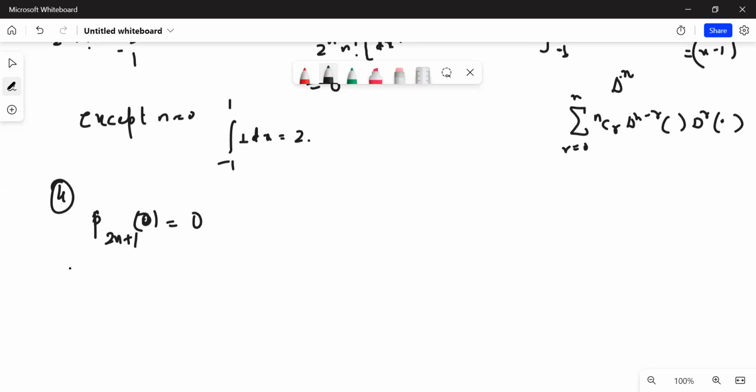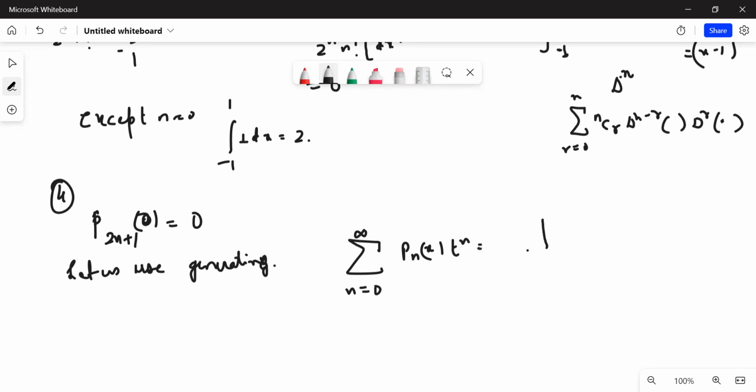What should I use? दो चीजें हमेशा याद रखो, या तो आप रोड्रिक्स फॉर्मूला यूज कर लो या जनरेटिंग फंक्शन यूज कर लो. Let us use the generating function. What does the generating function do? So I know that the generating function generates my Legendre's polynomials of different orders, and this is my generating function, 1 over root of 1 minus 2xt plus t square.